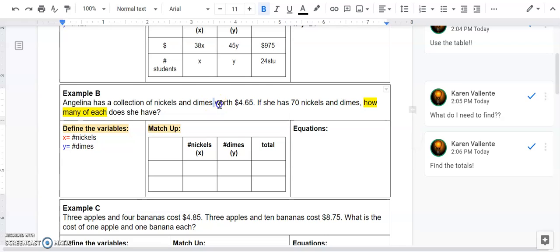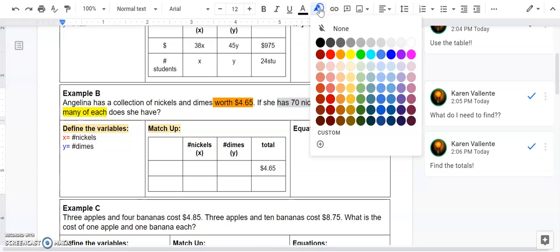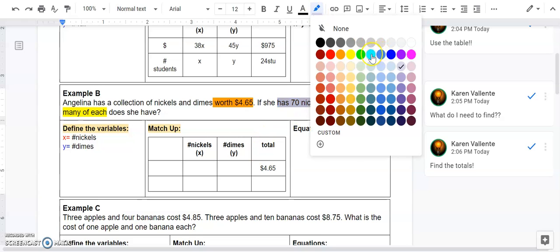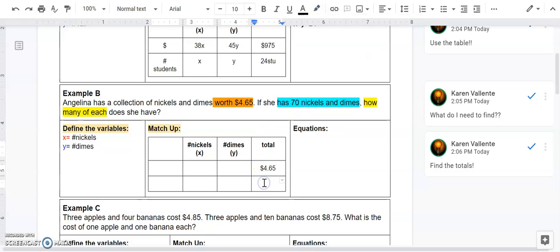So I see, hey, I know that all together they're worth $4.65. So I'm going to put that in here. And then I look and it says she has 70 nickels and dimes. So that's another total amount of coins this time, right? So let me color that different. All right, so this is 70 coins.